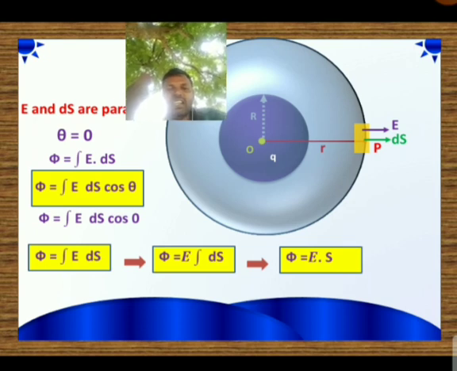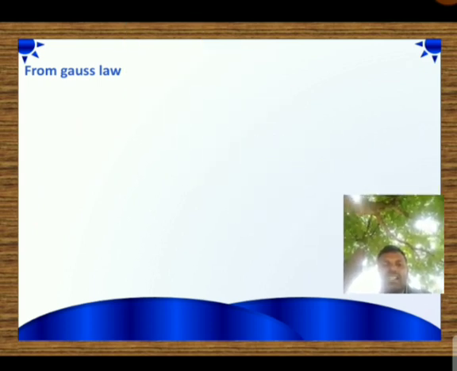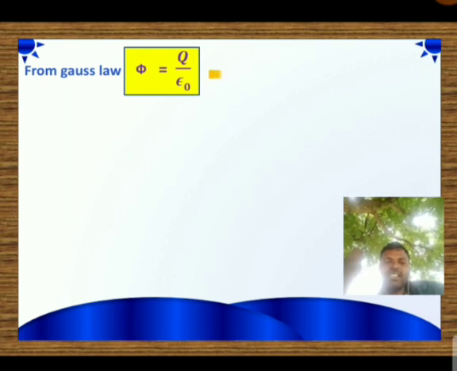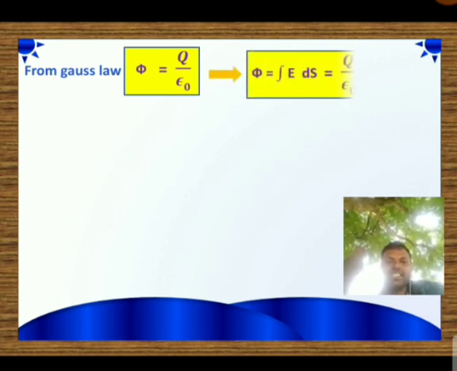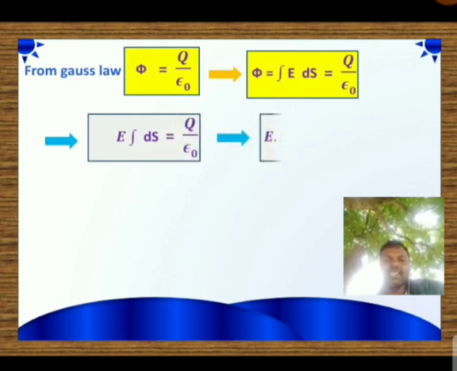Okay, this is the general flux. Now from Gauss law, phi is equal to q by epsilon naught. This is Gauss law. Phi is the integral E dS, that is equal to q by epsilon naught. Again, E is constant, so E times the integral of dS is equal to q by epsilon naught. That implies E into S is equal to q by epsilon naught.